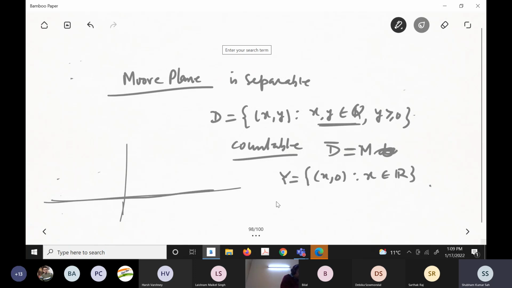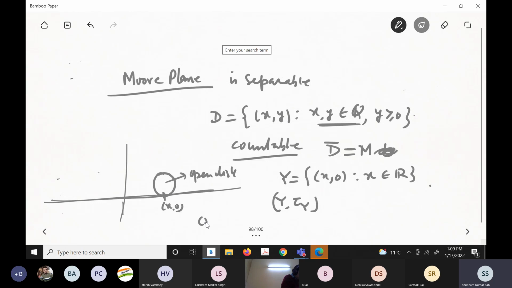And what will be the topology here? Now look, I said particularly a point. This is open. So each intersection is an open set. You take an open disk here. This is your point, x0. That is intersecting Y only at this point.